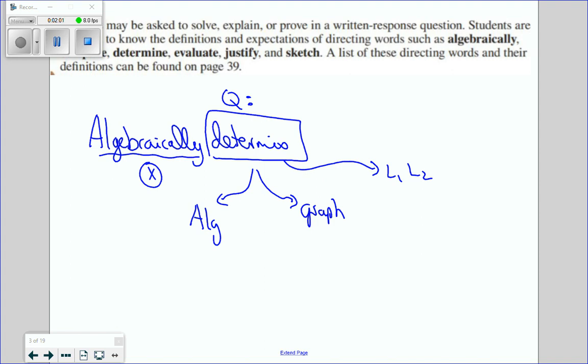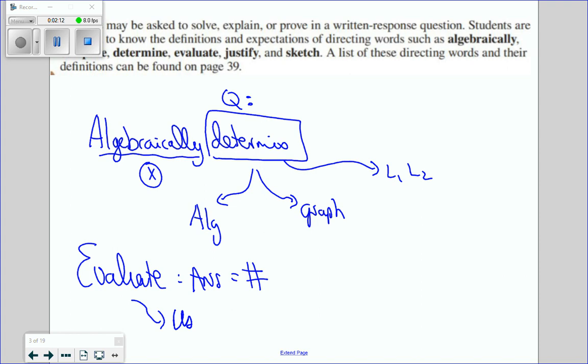Okay. Evaluate means the answer is always going to be a number. So typically for this, we just use our calculator because you're looking for the value. So let's say evaluate the following equation for x equals 7.